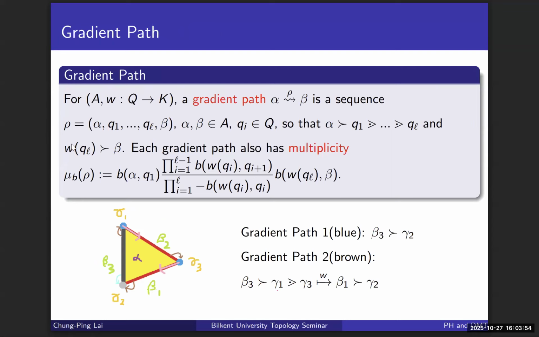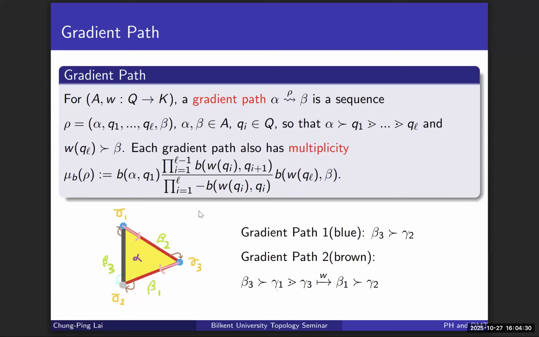In this image at the bottom, the significant gradient path is when you walk from this gray edge, which is beta 3, and then you go to gamma 1. Gamma 1 maps to beta 2, and you look at another face of beta 2, which is gamma 3, and you go along to beta 1, and then you go to gamma 2. So that's a gradient path.